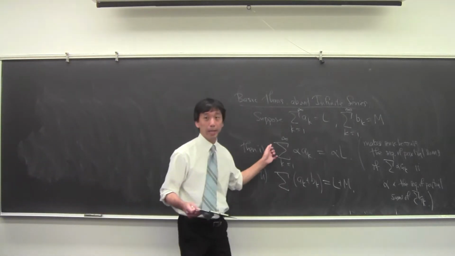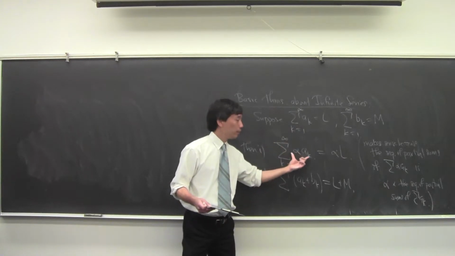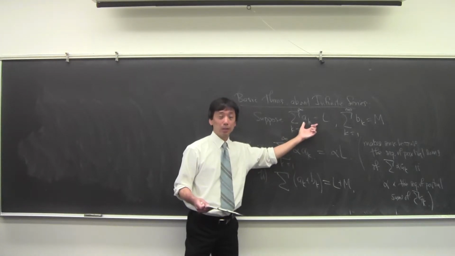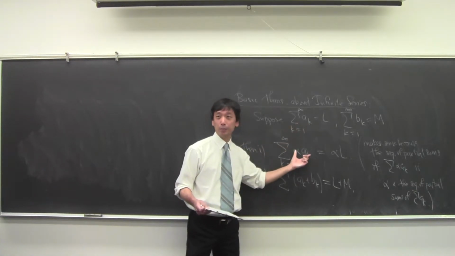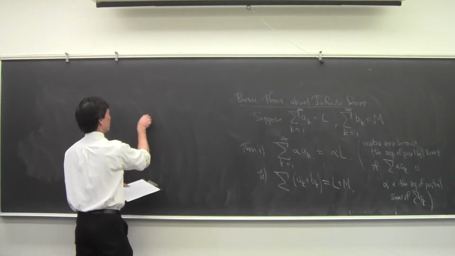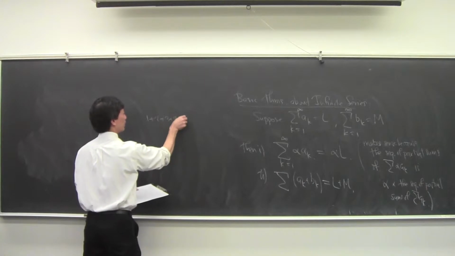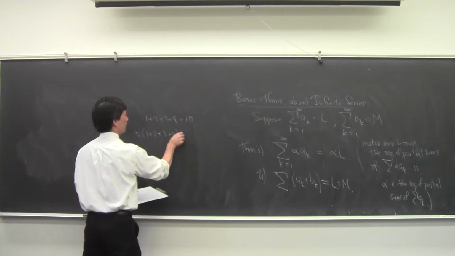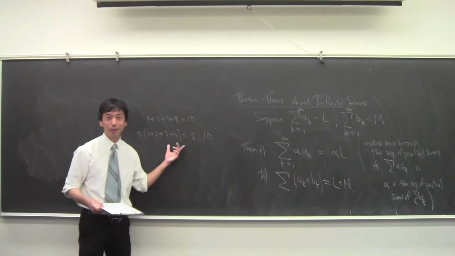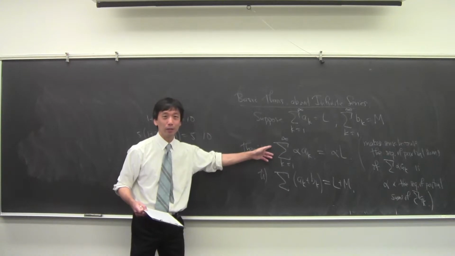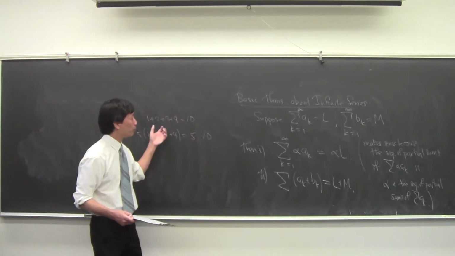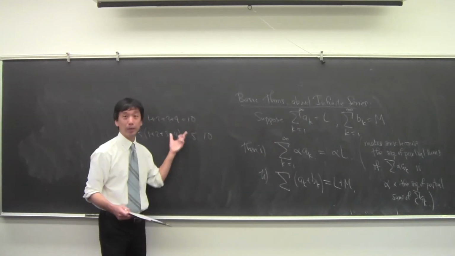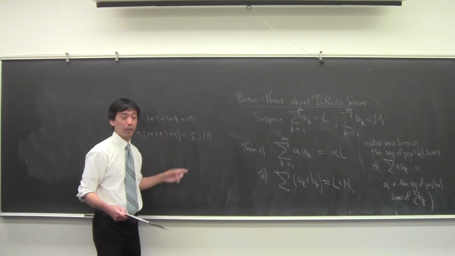So this is basically saying that for infinite sums, in some sense they do behave like finite sums. If you have 1 plus 2 plus 3 plus 4, well that's 10, and if I multiply them all by 5, I get 5 times 10. That's all we're saying here. But this says it's still true for the infinite series as it is for a finite sum.